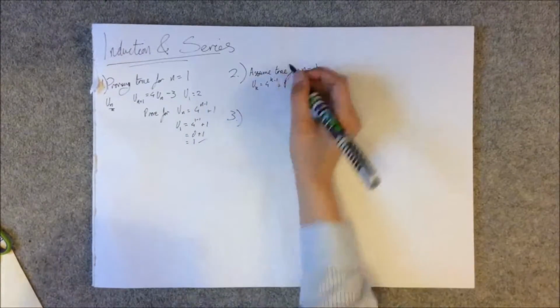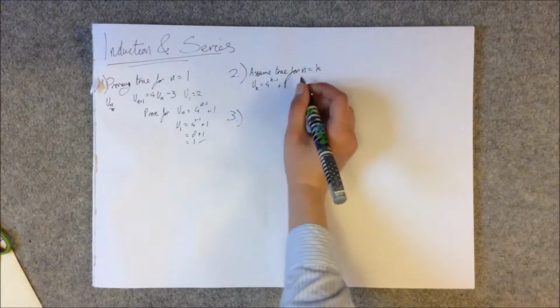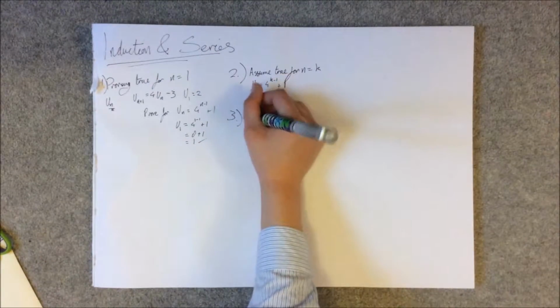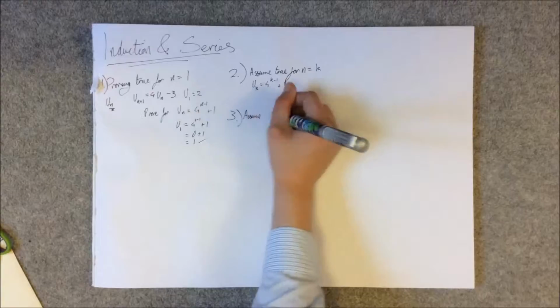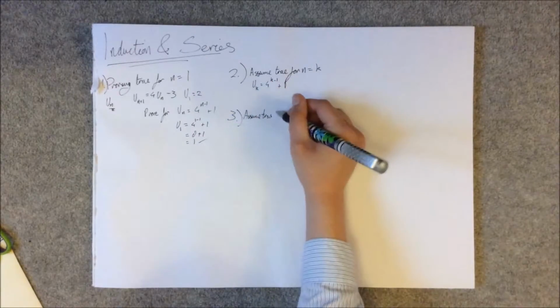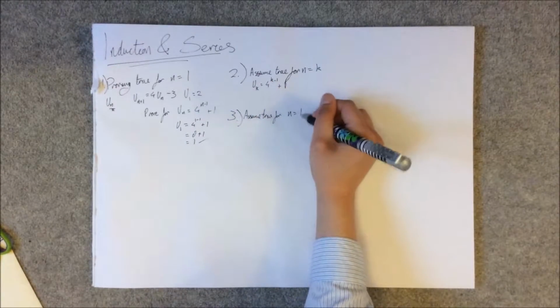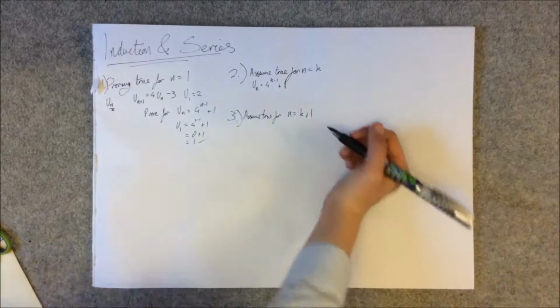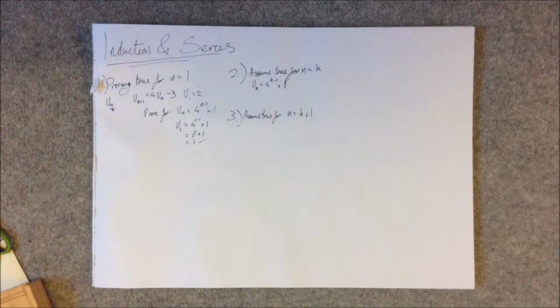Step 3, based on the assumption, you assume true for n equals k plus 1. And for this step, you actually have to prove something. Actual maths. Yay.